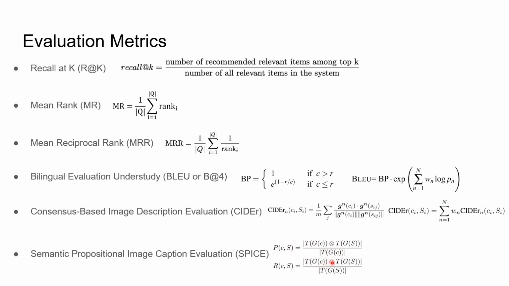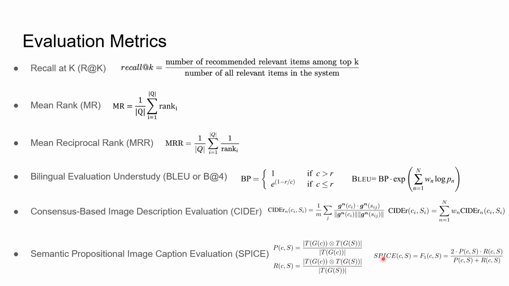And then same thing for recall, at least, the number of correctly predicted semantic propositions in the generated caption is divided by the total number of semantic propositions in the reference caption. So using these precision and recall values, you can combine them to get the F n score, or as it's noted, SPICE. And it's 2 times the precision value times the recall value over the precision plus the recall. SPICE evaluates captions by using these values together.